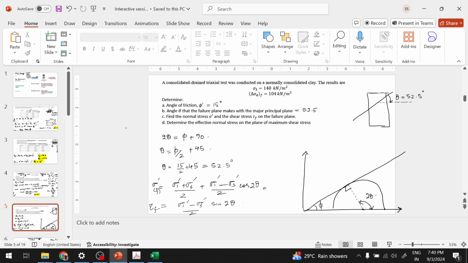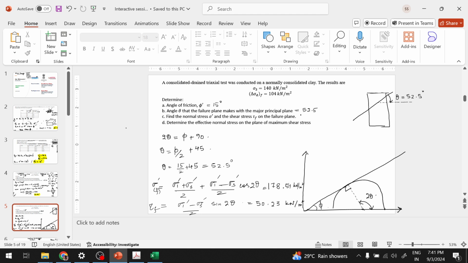So your sigma n will come out to be 178.54 kilonewton per meter square, and your tau n will come out to be 50.23 kilonewton per meter square.